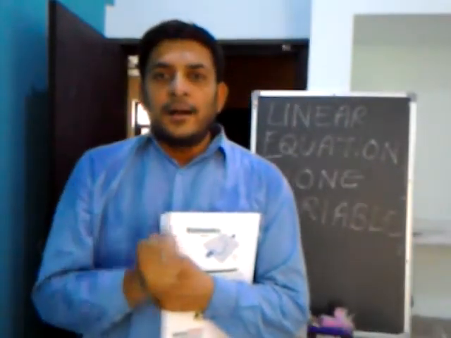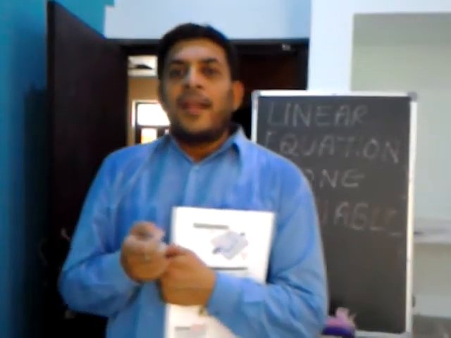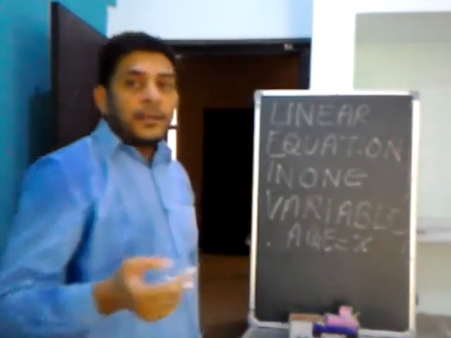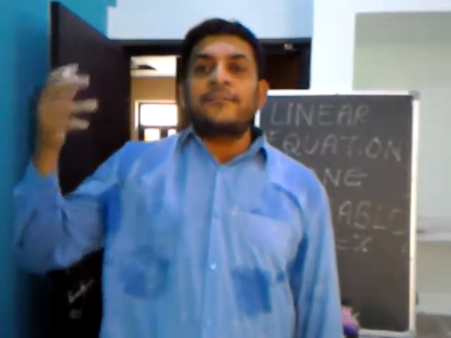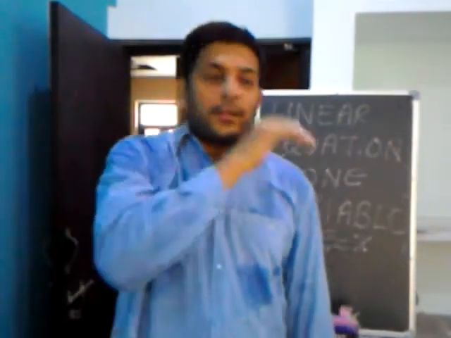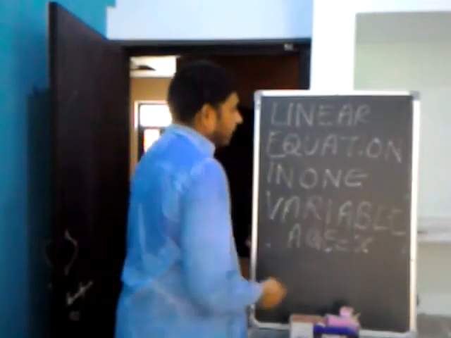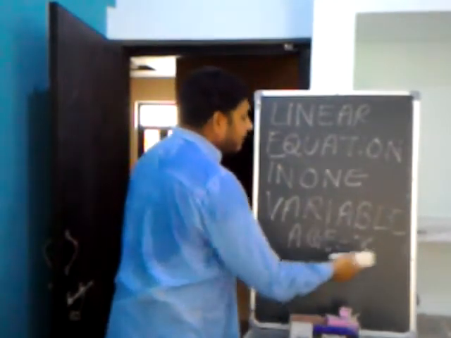Now in algebra, we assign a letter from the alphabet as variable. For example, I can assign x as age, because age is unknown. It can be anything. It is varying. So from varying to variable. So this means variable.